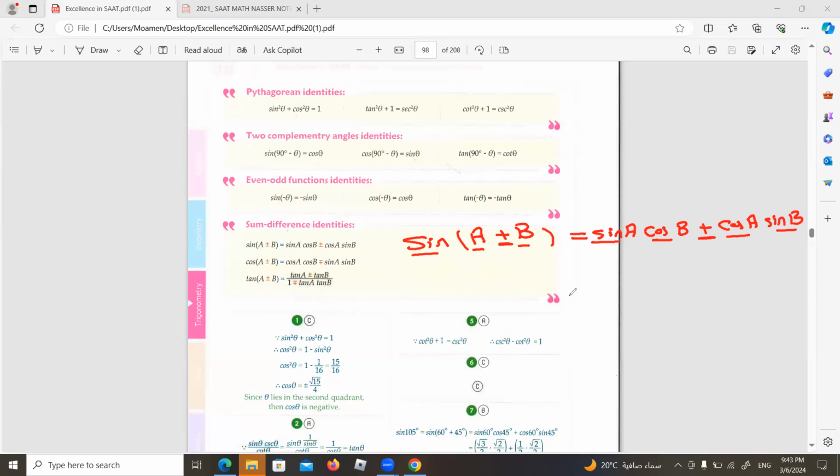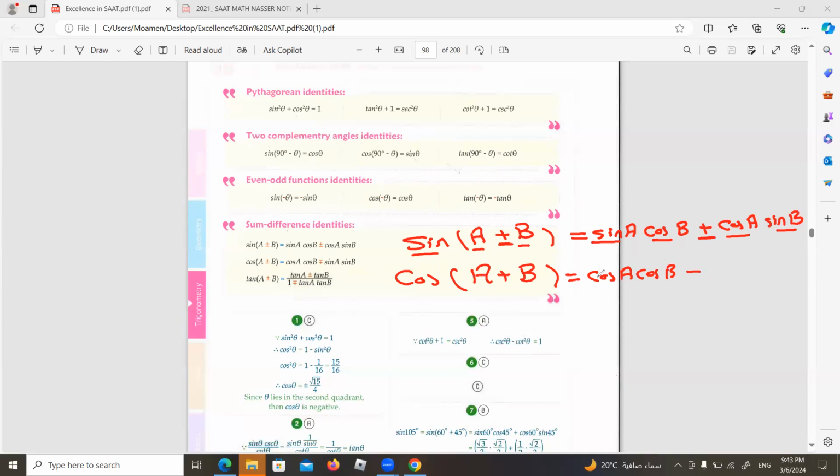This is for sine. What about cosine? The rule of the cosine: if you have the sum of A plus B, where the first angle is called A and the second angle is called B, it will be cosine, cosine, sine, sine. So cosine the first, cosine the second, minus sine the first, sine the second.